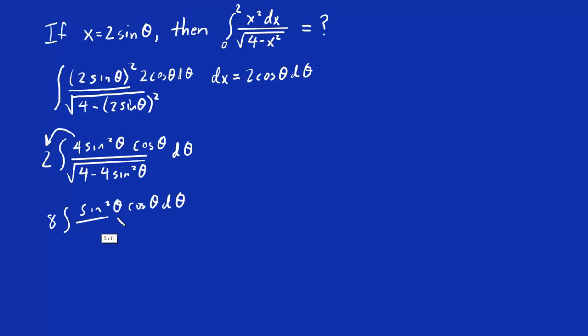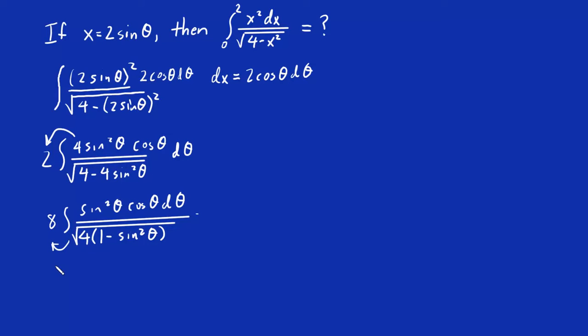And this is going to be over the square root. What we'll do is factor out this 4. So the 4 factored out leaves us with 1 minus sine squared theta. We already have the d theta up there. So the square root of 4, that's just 2, so we can bring that part out.